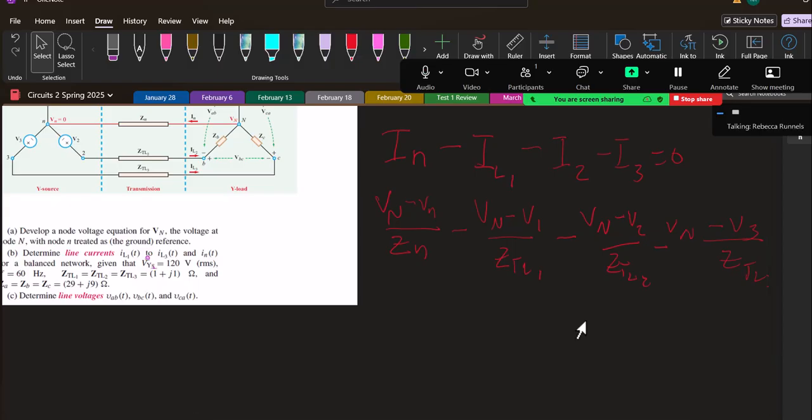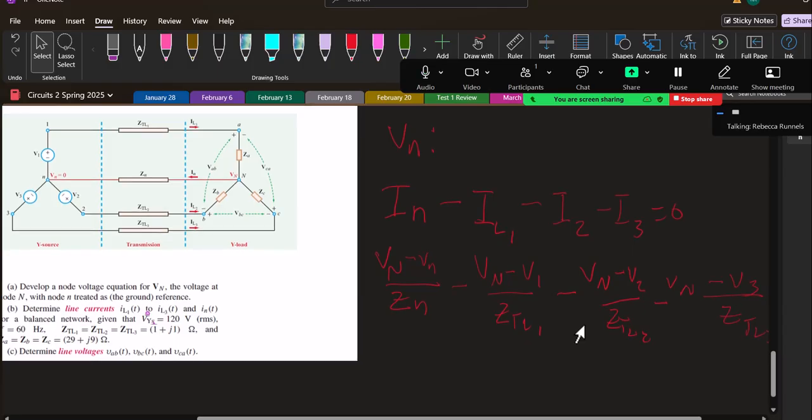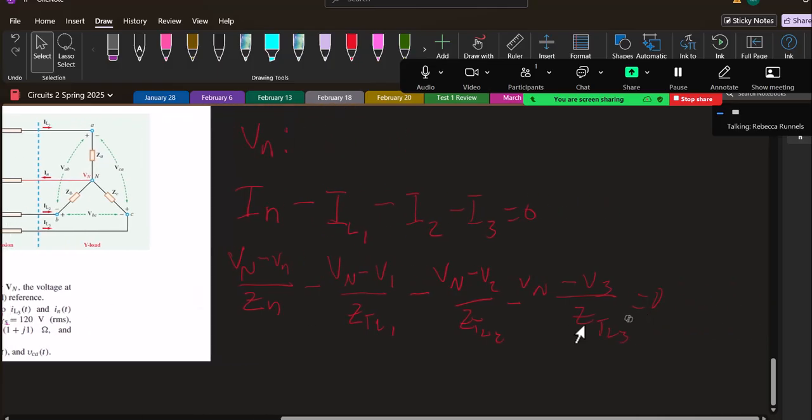So, oh wait, this is not right. Can y'all tell me what I left out by accident? Equal 0. No, I got the equal 0. I got equal something.